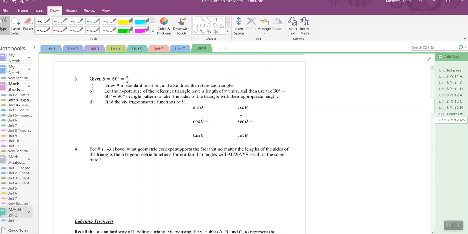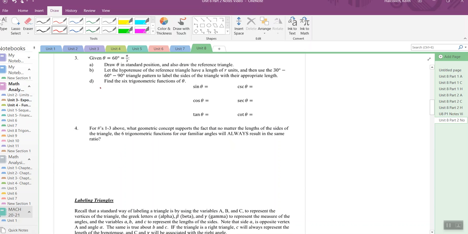For the 60 degree, where it's pi over 3, here's theta, and then you draw a triangle. So remember the hypotenuse is r, and now this is going to be r rad 3 over 2, and this is going to be r over 2. So now the sine is r rad 3 over 2 over r, which is rad 3 over 2.